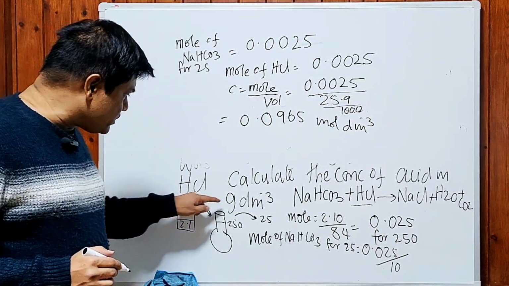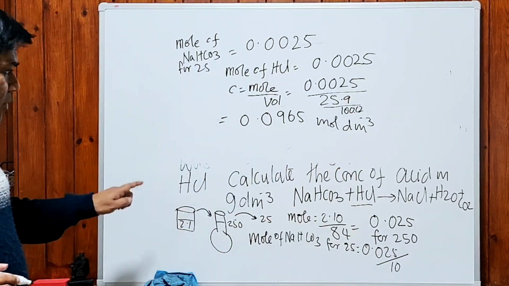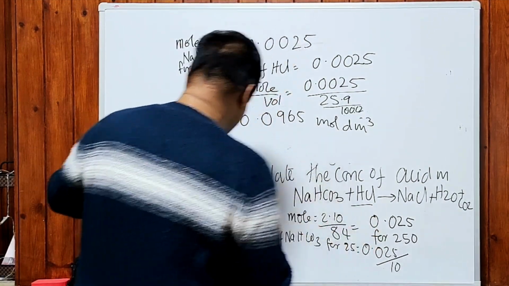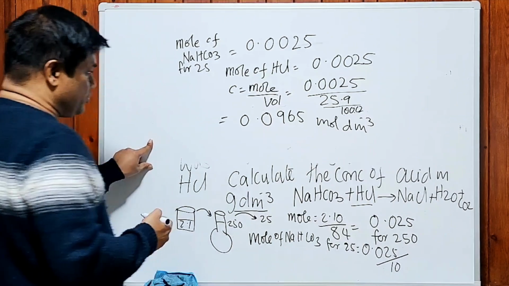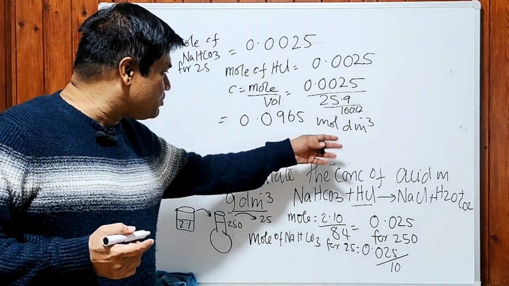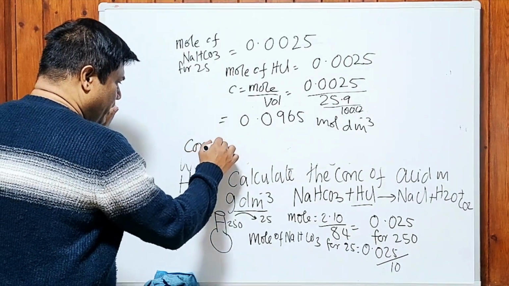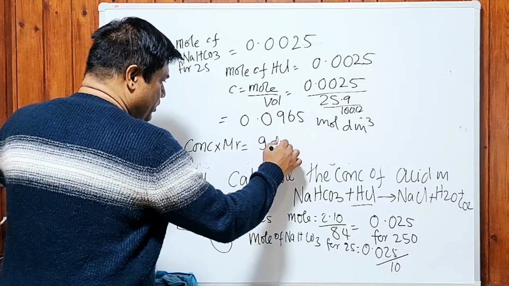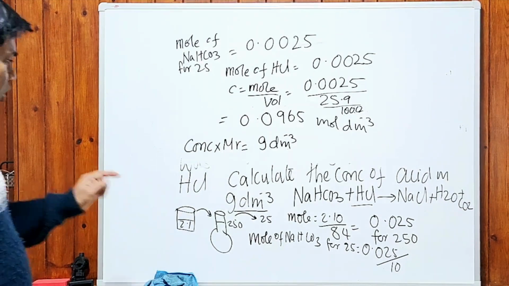But that's not the question. The question is to calculate the concentration of HCl in gram per dm cube. That's gram per dm cube, and this is mole per dm cube. So how can we change mole per dm cube to gram per dm cube? Conc times Mr of HCl gives you gram per dm cube. So times this value by the Mr of HCl.